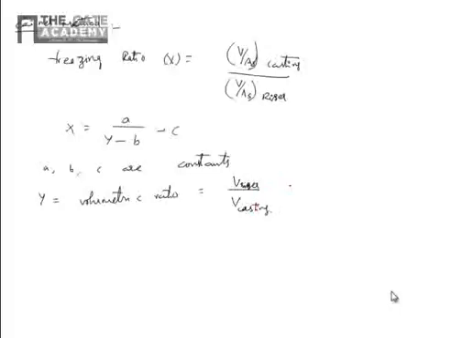The volumetric ratio is volume of riser by volume of casting. Modulus is different.